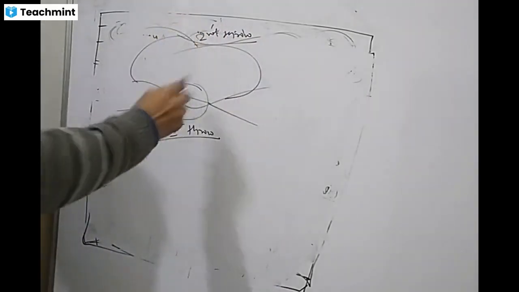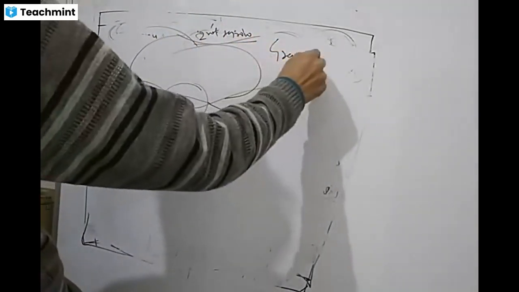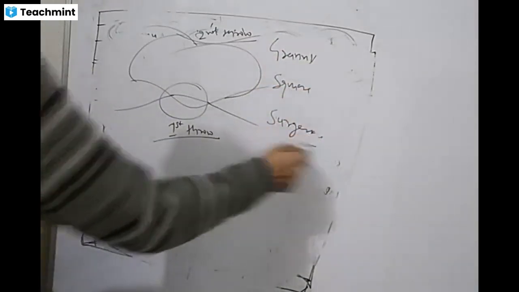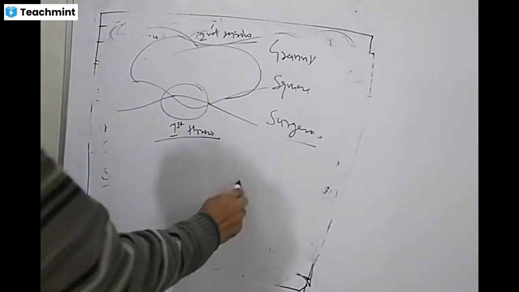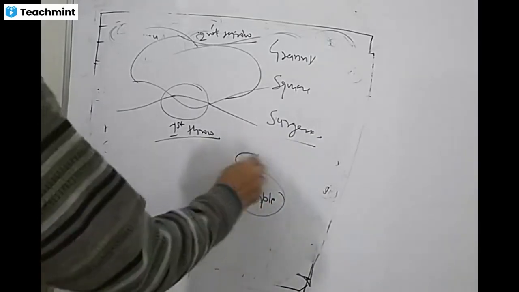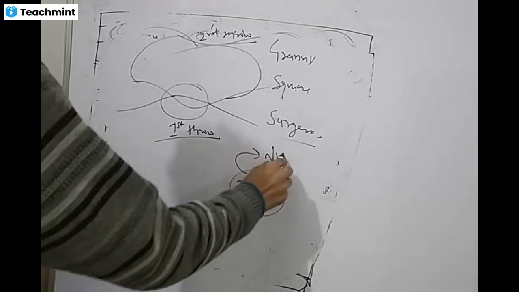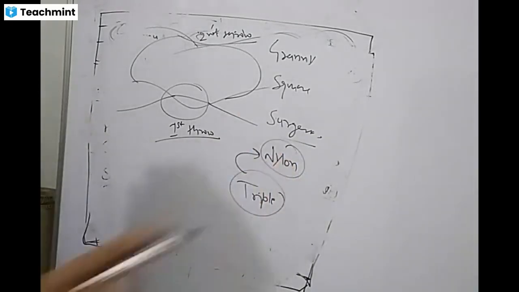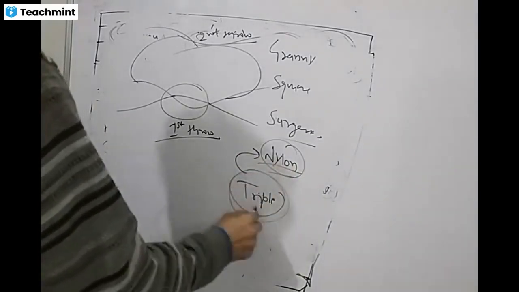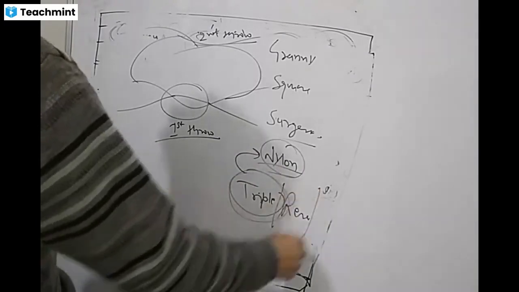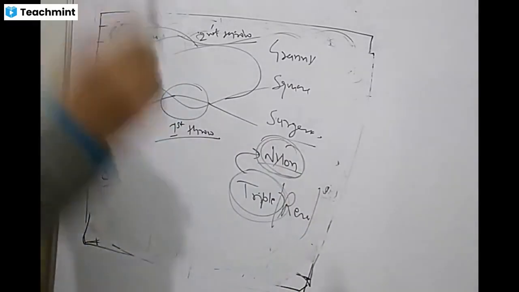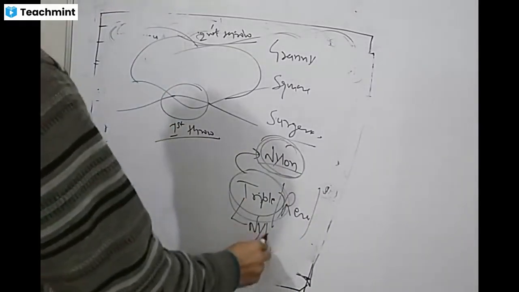There are only two throws in case of granny, square and surgeon's. But triple knot is used for those materials which have loose knots. Nylon is the material whose knots are slippery, so we use triple knot, also called reverse knot, also called surgeon's knot with square for the nylon. And the name of this knot is also nylon knot.